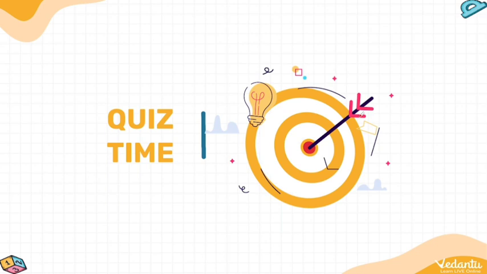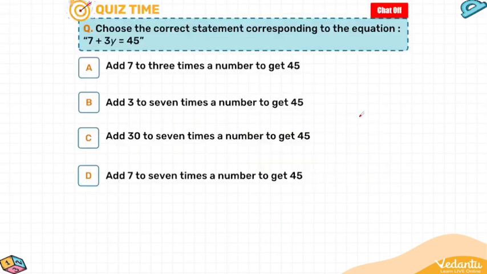So let's have some quizzes now. Choose the correct statement corresponding to the equation 7 plus 3y equal to 45. Which statement you think is the correct one for this?